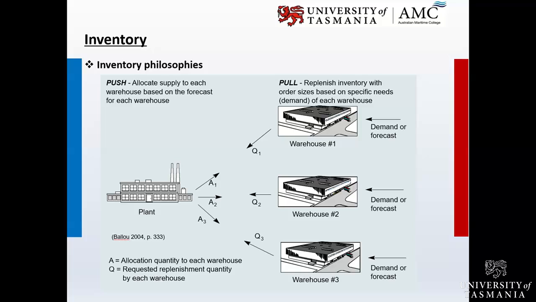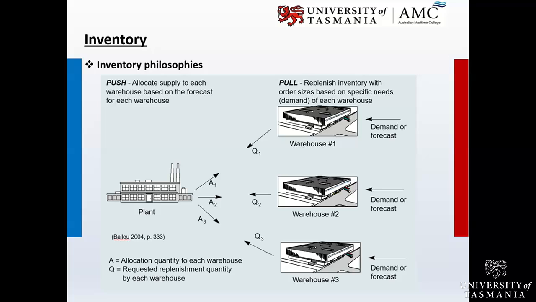So it is more like to make the decision from top level down to bottom level. So it means the plant will forecast the demand for each warehouse, and then allocate the specific quantities to each warehouse. So from top level to bottom level.